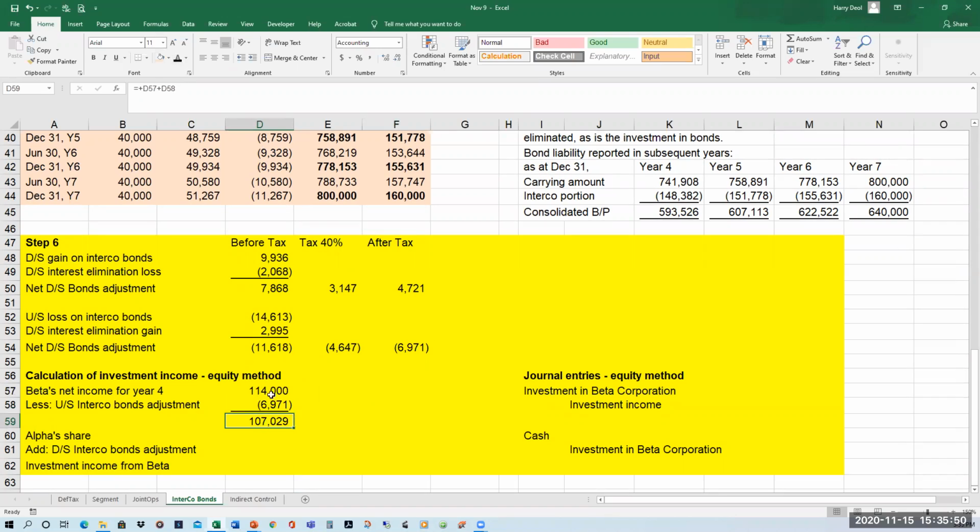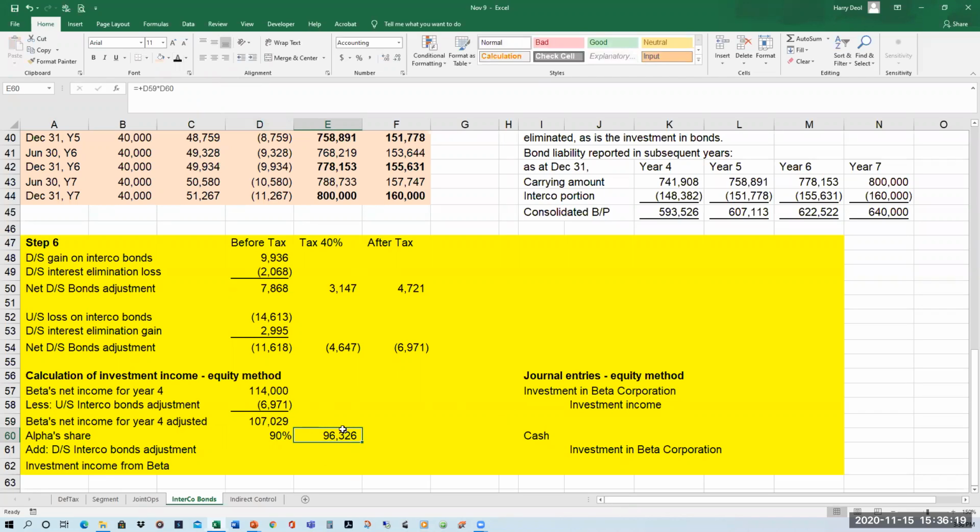So after making the adjustment for the bonds, we get 107,029, which is beta's adjusted net income for year 4. And alpha owns 90%. So alpha is going to pick up 90% of 107,029, which is 96,326.